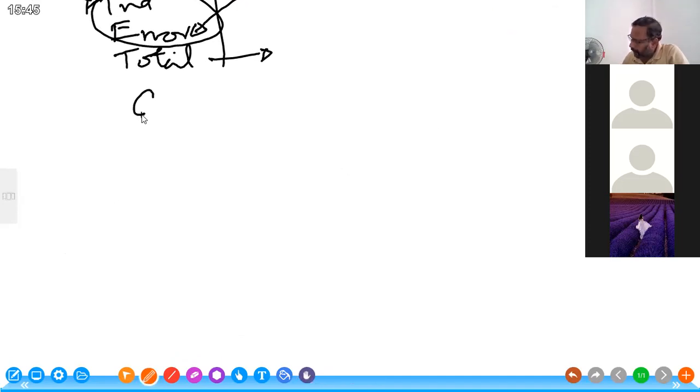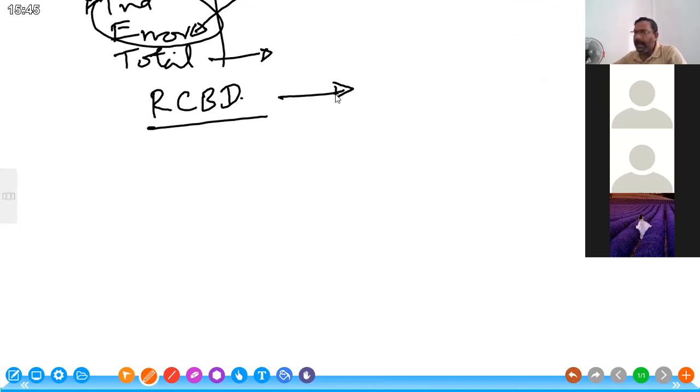Yeah, the second design, RCBD. What is the difference between CRD and RCBD? The first design is CRD. The second design is RCBD. What is the difference between these two? Very quickly. What is the difference?